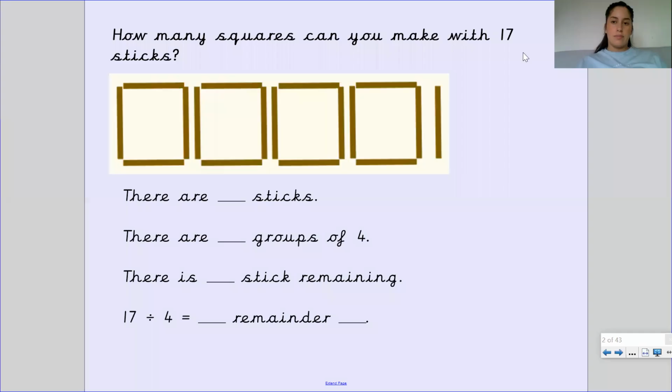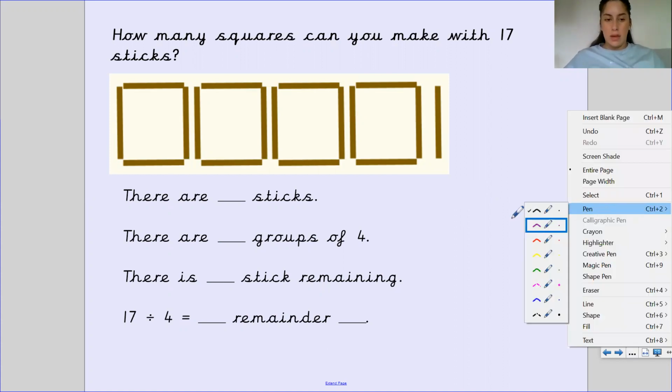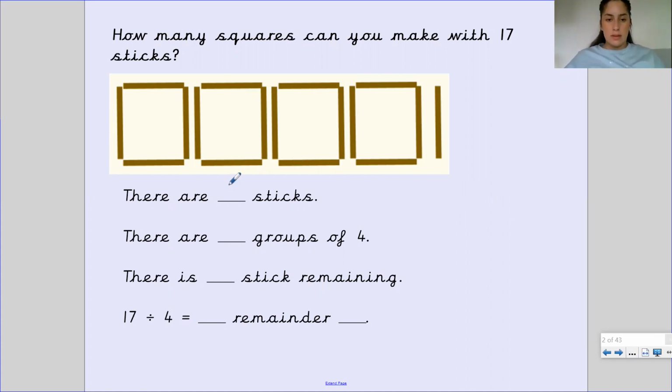Okay, let's see how many sticks we've got here in this image. 1, 2, 3, 4, 5, 6, 7, 8, 9, 10, 11, 12, 13, 14, 15, 16, 17. So we do have all 17 sticks. How many squares were we able to make with them? So there are 17 sticks.